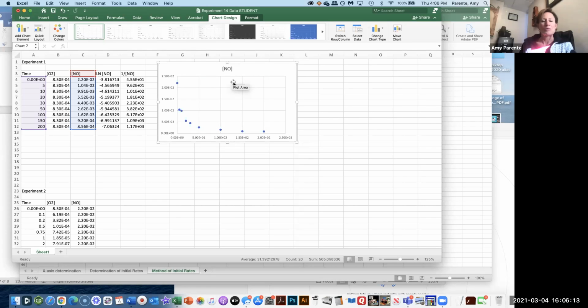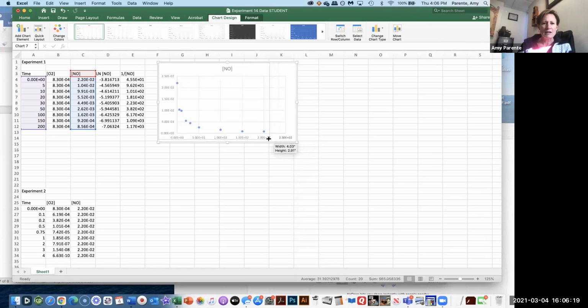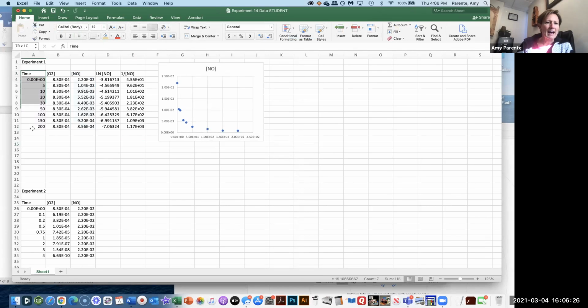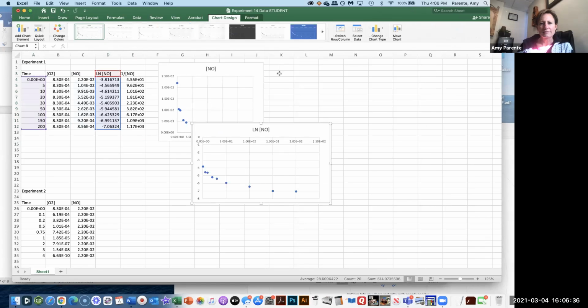Does not. So what we need to do is make 3 plots here. I'm going to make mine just a little bit smaller so I can fit all 3 on my screen. Now I'm going to select my time again. I'm going to hold my command key and come over to my LN data. I'm going to insert a scatter plot.